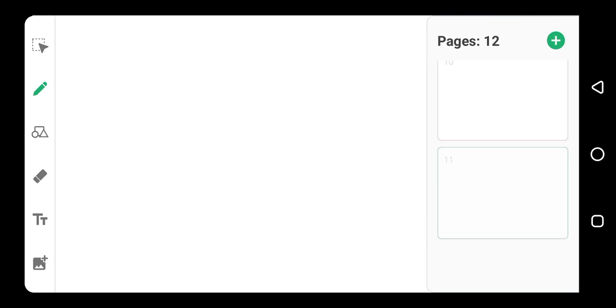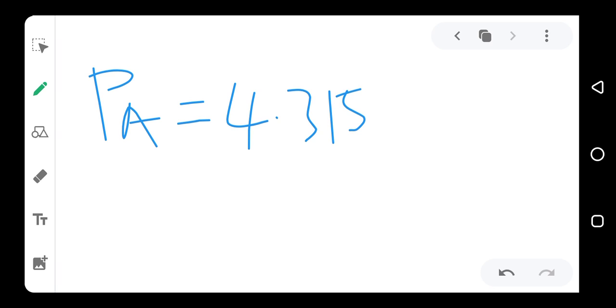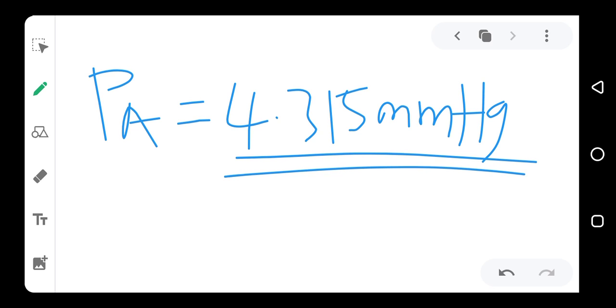If we multiply this, we are going to get that our Pa is equal to 4.315 millimeter mercury. So this is the answer to question number 3, and I hope that everything here is very clear. Thank you.